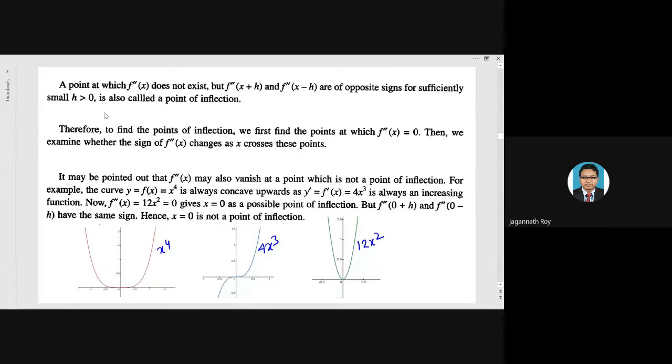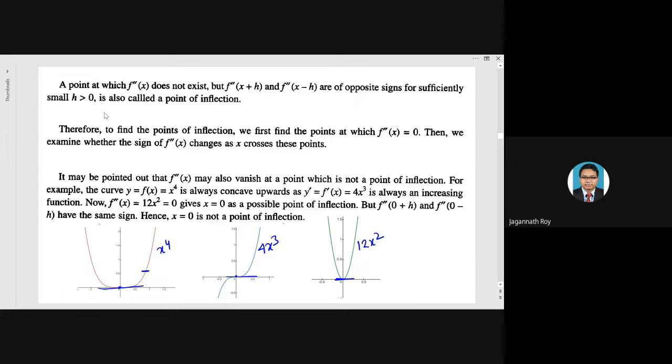Now if you look at the diagram of this point, if you plot one tangent here, you will have only one tangent, and it will not intersect the curve. Similarly here also, it will not intersect the curve. But if you try to plot a tangent here, that is going to intersect the curve.